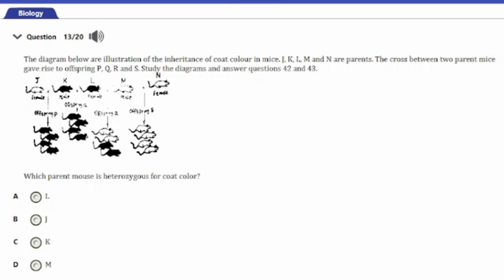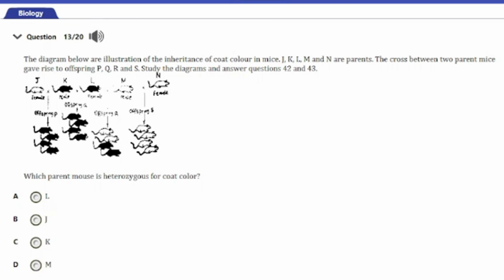Question number 13 here, it says, the diagram below are illustration of the inheritance of coat color in mice. J, K, L, M, and N are parents. The cross between two parent mice gave rise to offspring P, Q, R, S. Study the diagram and answer the questions 42 and 43.